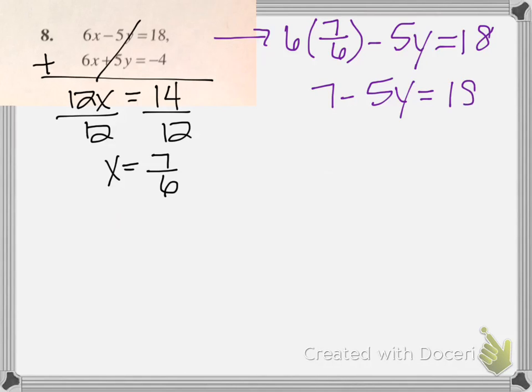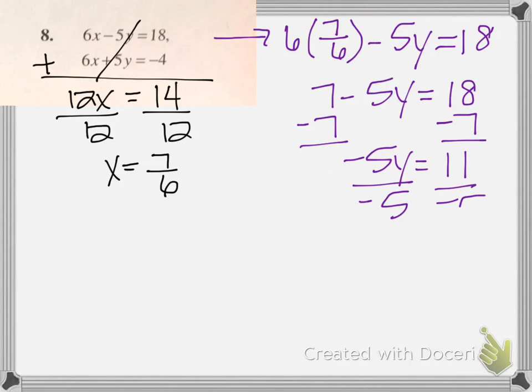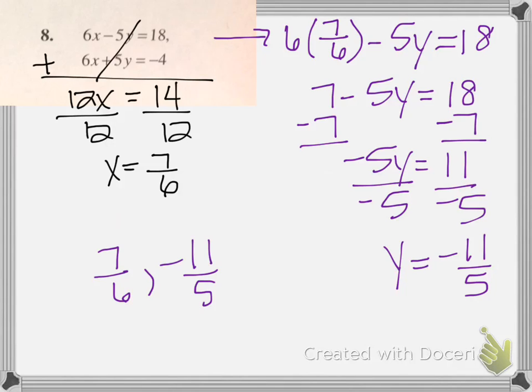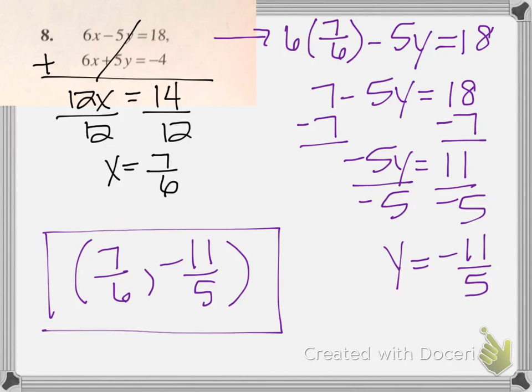Minus 5y equals 18. Subtract 7 from both sides. I get 11. And finally divide by negative 5. I get negative 11 fifths. So my x is 7 sixths and my y is negative 11 fifths. And that would be my solution to the system.